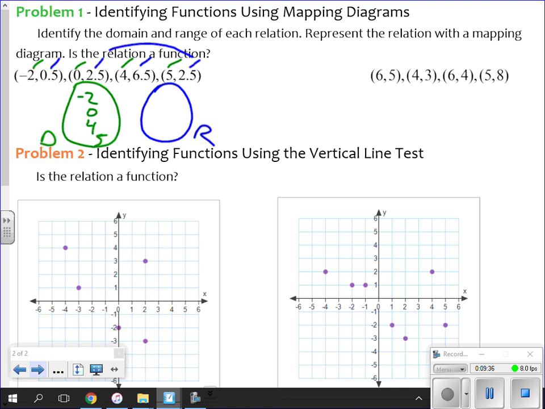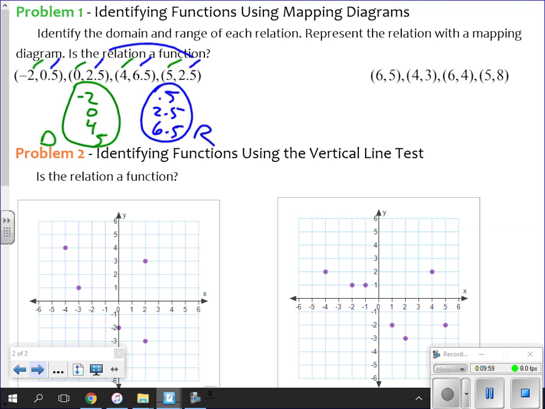I do not write 2.5 twice. I only put it down there once. If the y value is repeated, I just write it once in my mapping. So I would have in this group here 0.5, 2.5, and 6.5.